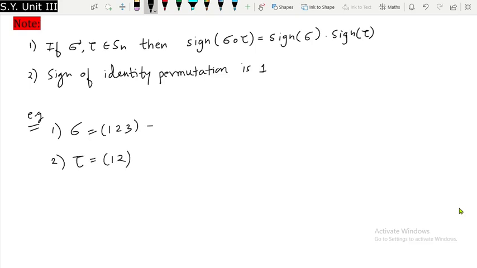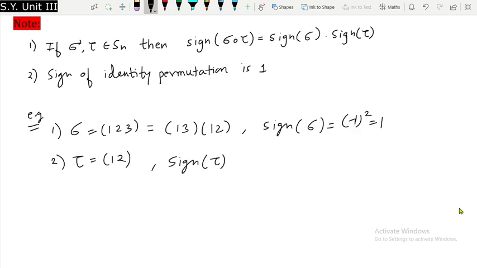So I can write this sigma as 1 3 1 2, a product of transpositions, and so the sign of sigma over here is minus 1 squared, which is nothing but 1. Now in this case tau is a product of only one transposition, so the sign of tau is going to be minus 1 raised to 1, which is minus 1.